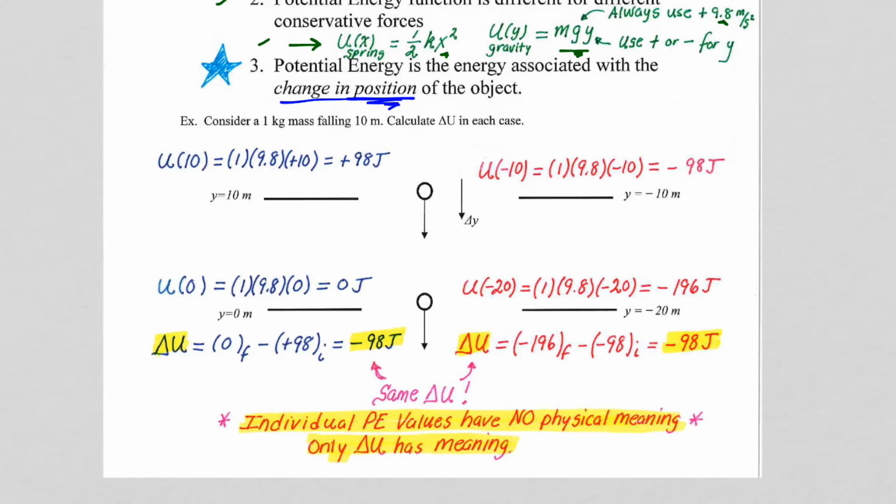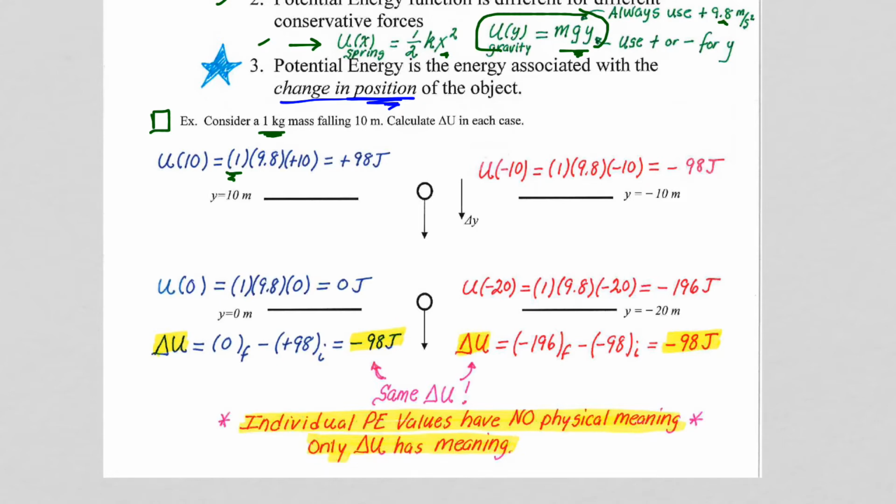Well, let's just take gravity here as our simple example. So we're going to consider a 1 kilogram mass. It's our 1 kilogram mass falling 10 meters. So we're going to calculate the potential energy value. We're going to use this equation, right, to get a joule value at 10 meters.